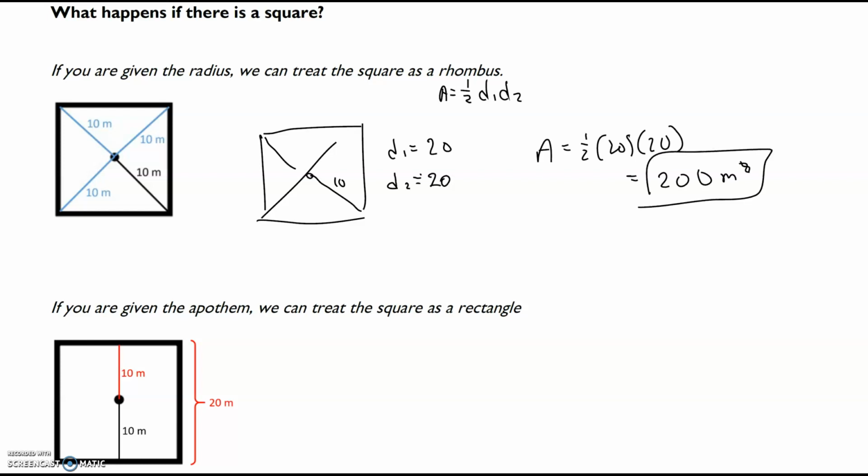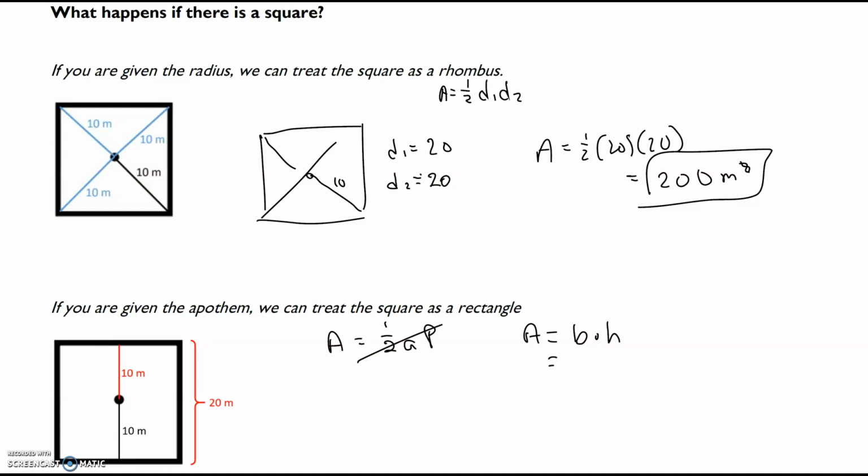And then look at our last shape. You're given the apothem. You definitely could think to yourself, well, I could use 1/2 times apothem times perimeter, because we see the apothem's 10, and you can kind of put together the idea that a side length is 20 and find all the way around. But wouldn't it just be easier to remember that for a rectangle we could do base times height?